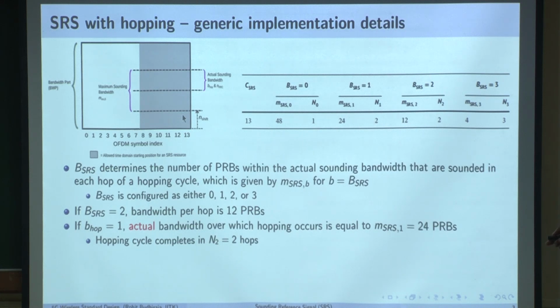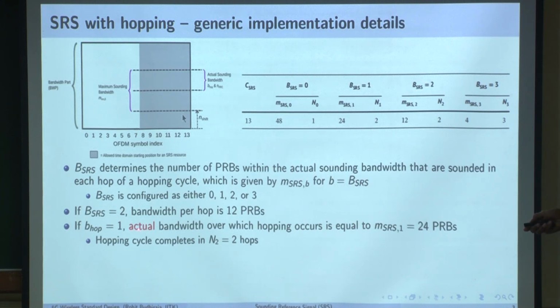And how many hops will it take to sound out the complete bandwidth? B hop is 1, that's how I have set it. So the actual bandwidth over which the hopping occurs is equal to MSRS 1. This is the actual bandwidth over which the hopping will occur, over 24 PRBs. MSRS 0 is 48, so this is the maximum.